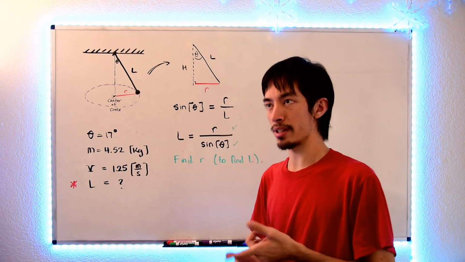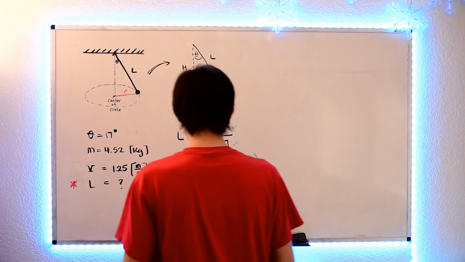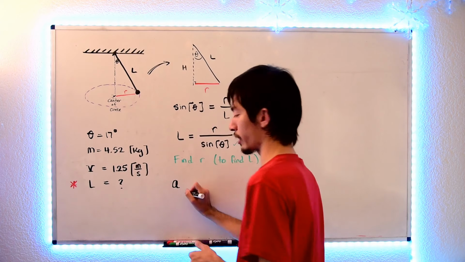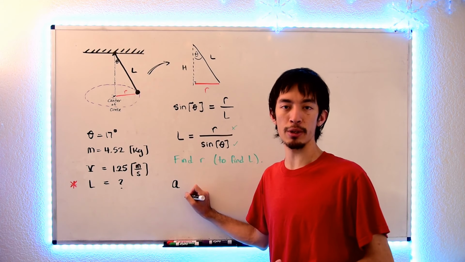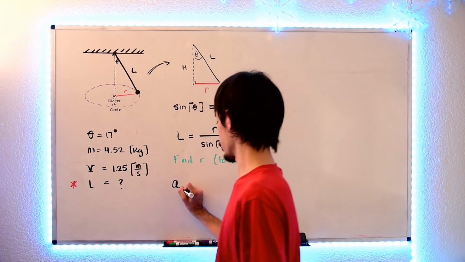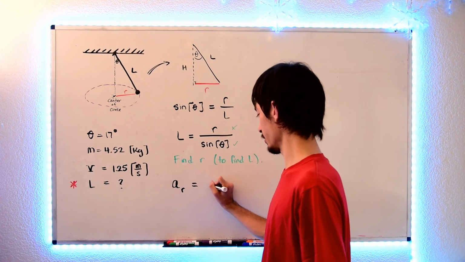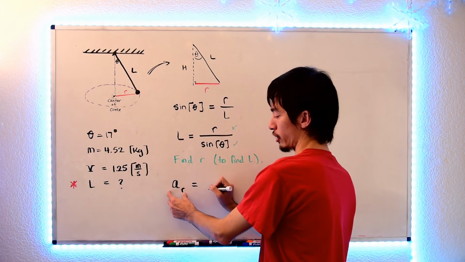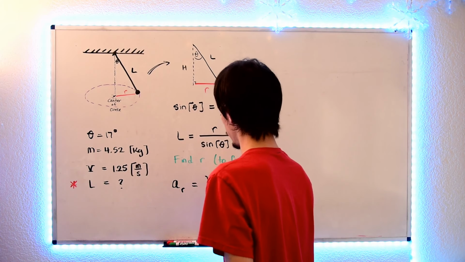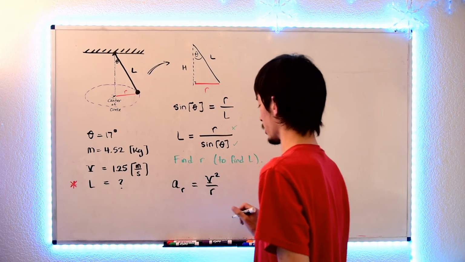It talks about the radius and the velocity, so I'll write that as one possibility you could use. Centripetal acceleration, you can either write a_c for centripetal, or I like to use a subscript r for radial acceleration. It's the same thing. So radial acceleration is the same thing as centripetal acceleration, equals v squared over r.